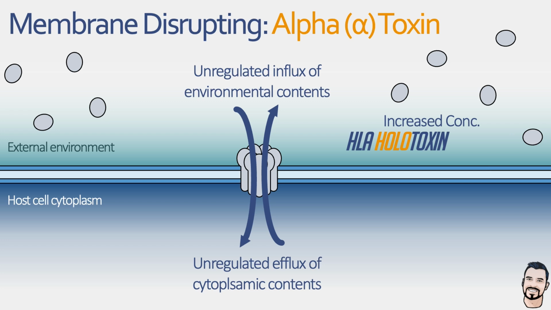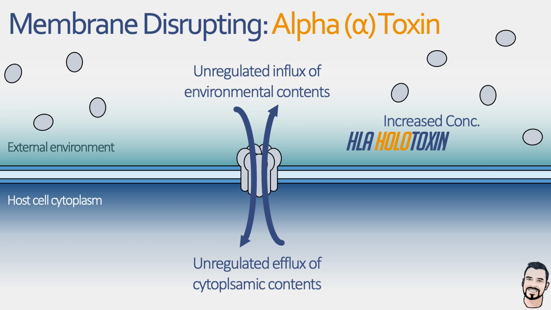Now, some experiments have shown that calcium ions, potassium ions, adenosine triphosphate, as well as low molecular weight molecules between 1 and 4 kilodaltons are able to pass through the alpha toxin pore. However, it's the passage of water, mainly an influx of water, into the cell which is a problem.